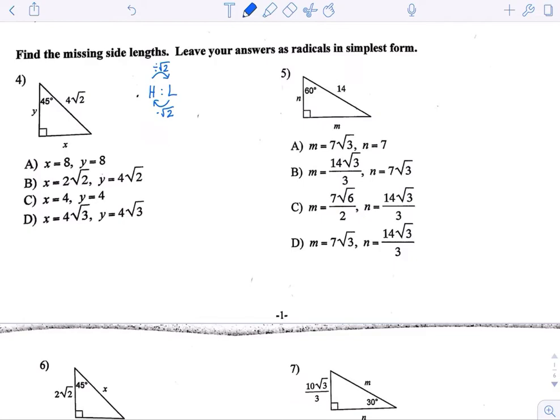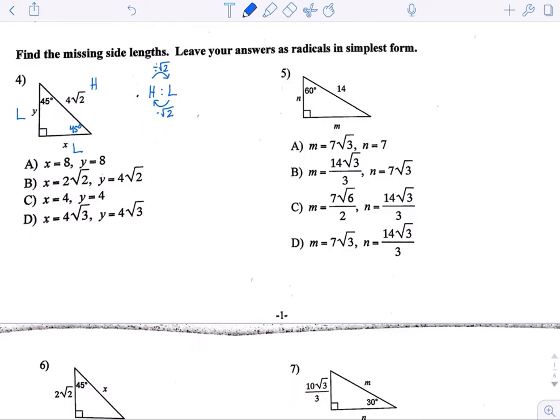So let's label this side the hypotenuse, and both of these are your legs. You know it's a leg if it's across from your 45 degree angles. You know it's the hypotenuse if it's across from the 90 degree angle.